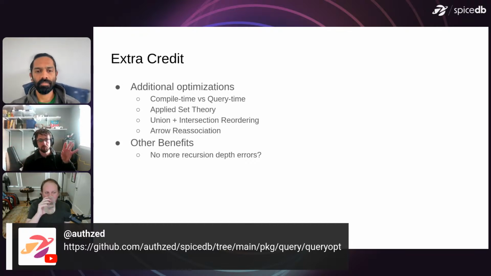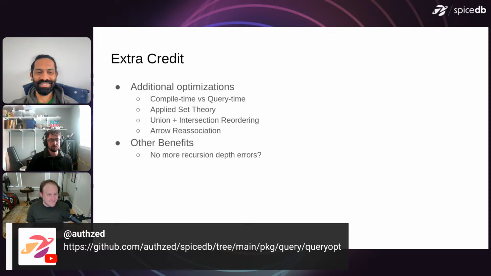Whereas a compile time optimization is something that you could get just by looking at the schema. We have the ability to make a map of the schema and then say, well, if we're going this way, but then we're coming right back, then why wouldn't we just not go there? Or if we go this way and then this way, but there's a shortcut here, then why wouldn't we just take the shortcut? A lot of that comes down to applied set theory, which is fun.